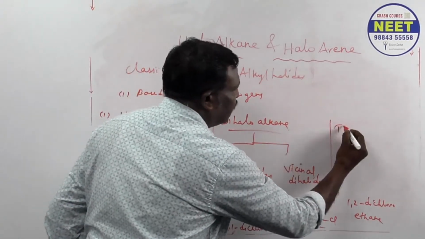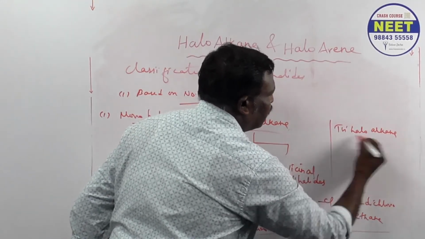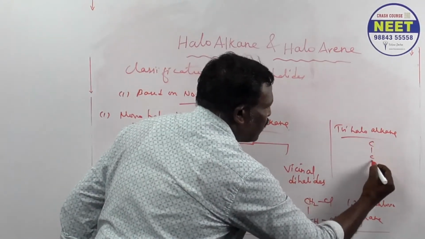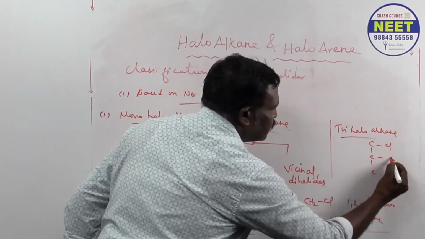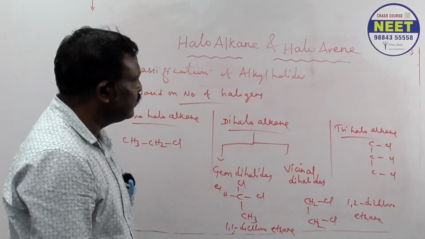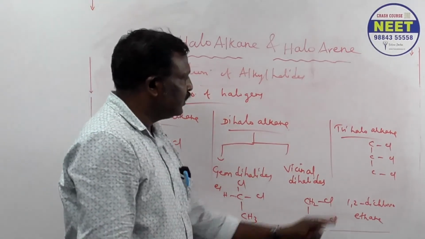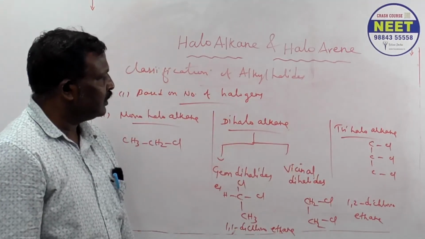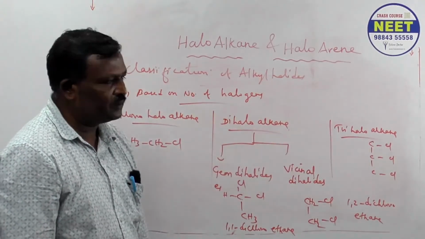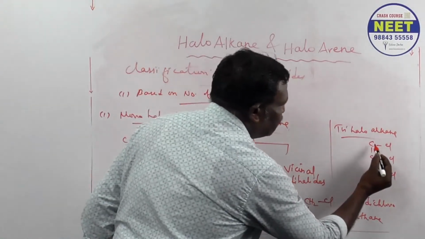Then you just write trihaloalkane. Here, trihaloalkane means compounds having 3 halogens. Understood? So you can fill in with hydrogen.